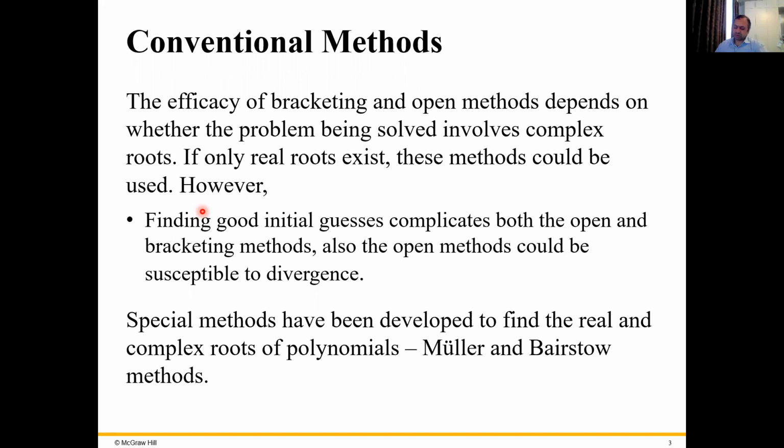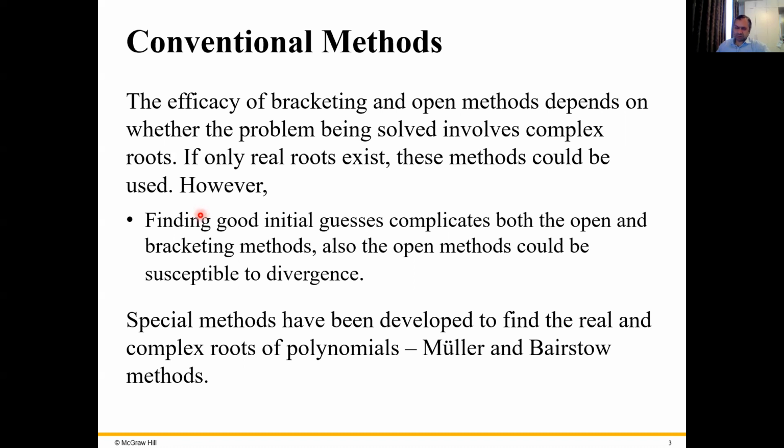They cannot provide us the complex roots of the equations. So if we also want the complex roots, then these 2 methods, bracketing methods and the open methods, will not work.